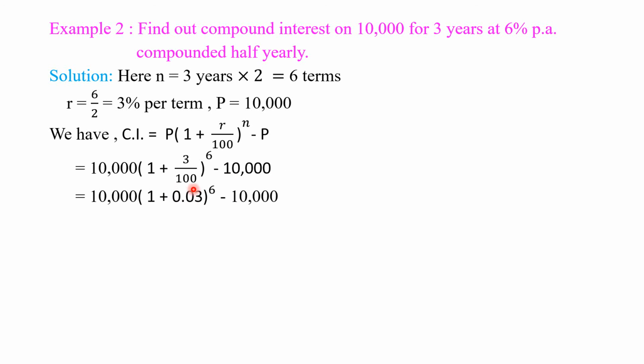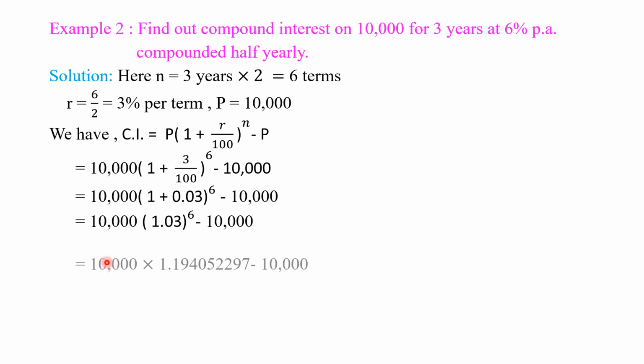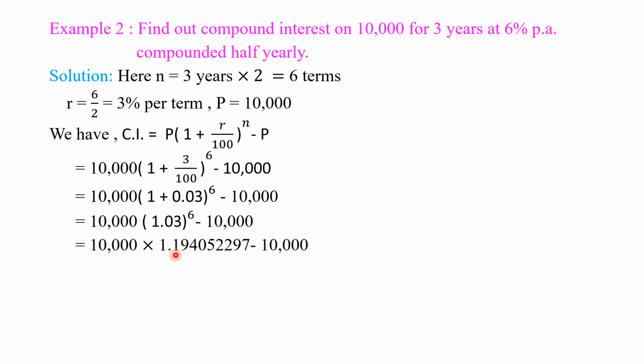After solving this, taking the common denominator, 100 plus 3 divided by 100, we get 1.03 raised to 6. How to calculate this? 1.03 into 1.03 into 1.03, 6 times. Then we get 10,000 into 1.194052297.